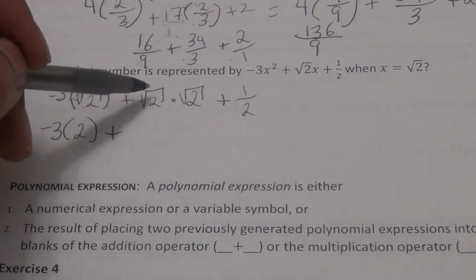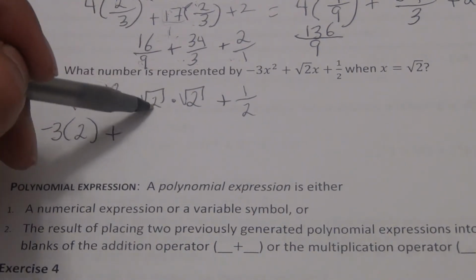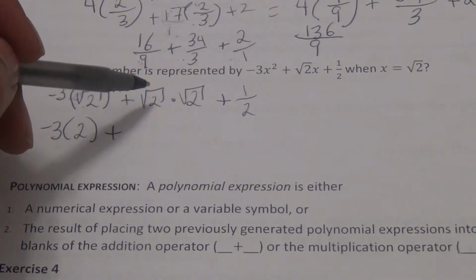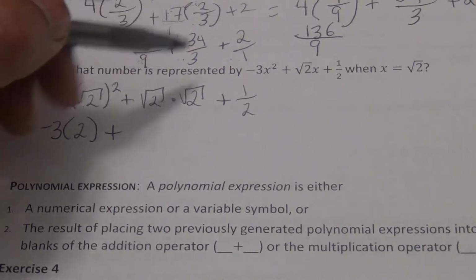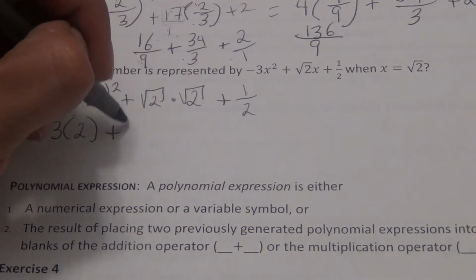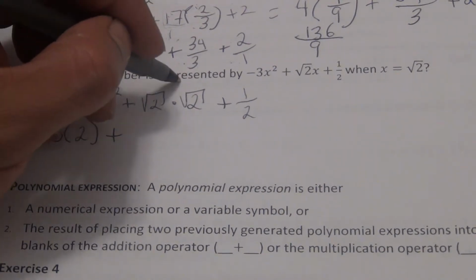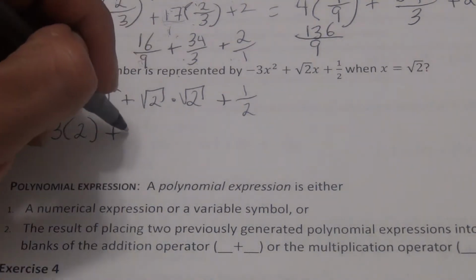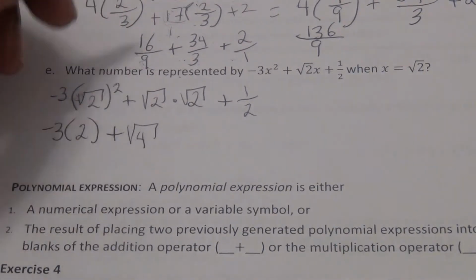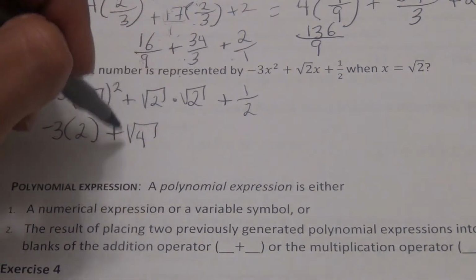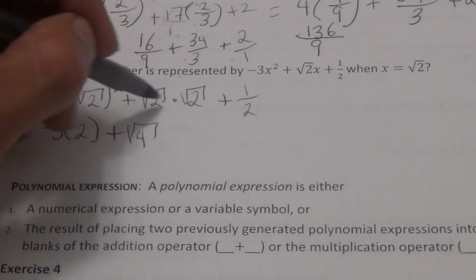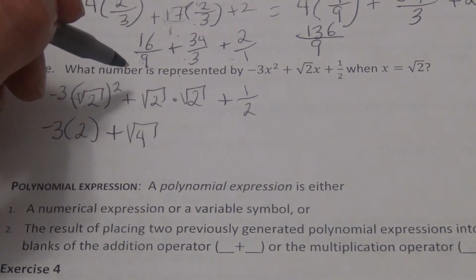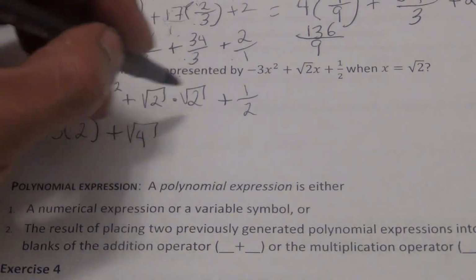Plus, now when you are multiplying radical 2 times radical 2, when you multiply a square root times itself, it is the same thing as squaring it, right? So this is the same thing as saying radical 2 to the second power. Or if you want to, you could say that radical 2 times radical 2 is radical 4. Although it's more advisable to say that radical 2 times radical 2 is radical 2 to the second power, so they can cancel each other.